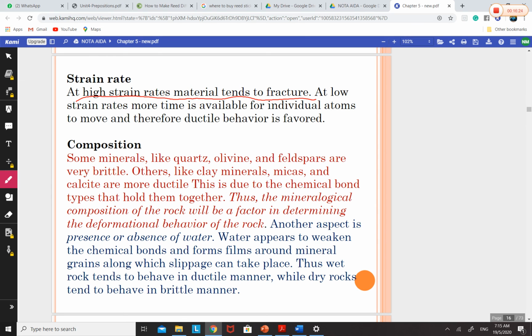Compare with ductility, material yang ductile ataupun plastic kena apply stress yang lebih tinggi sebab dia punya ductile deformation tu lebih panjang, then baru dia akan fracture. Okay, so itu the difference between brittle rocks ataupun brittle materials with the ductile material. Alright, okay.